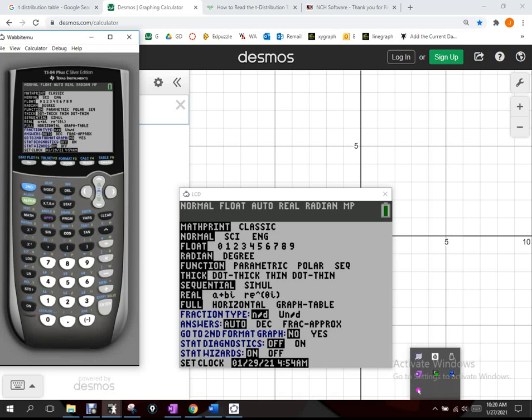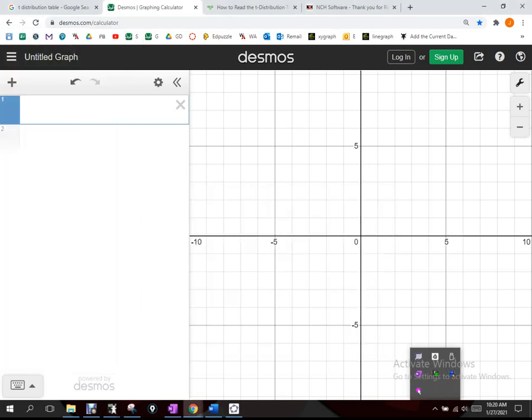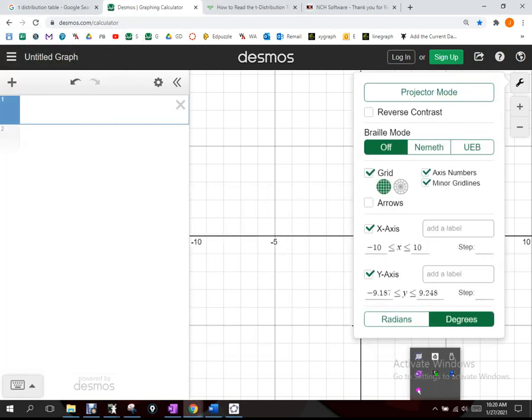Okay. If you're using one of these little calculators here, there's a DRG button. Degrees, radians, gradients. Okay. We only use degrees and radians here. So you'll push that button until you highlight degrees or radians at the bottom of your calculator. Okay. If you're using Desmos, you have to hit the wrench here and toggle back and forth. Okay.